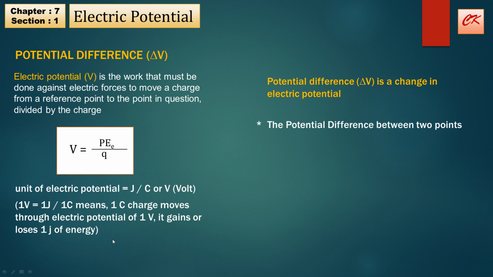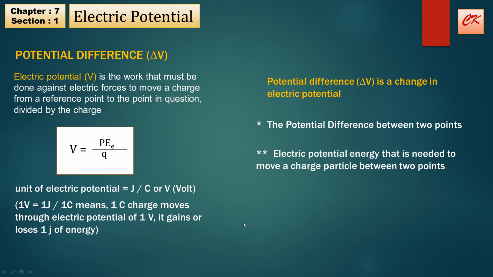Potential difference. You know the meaning of delta. It means the difference between 2 points. So if it says potential difference, it means delta V, the potential difference between 2 points.